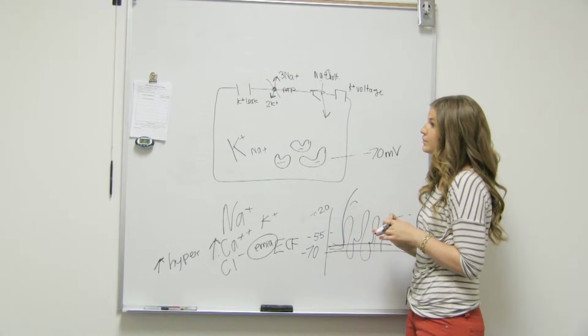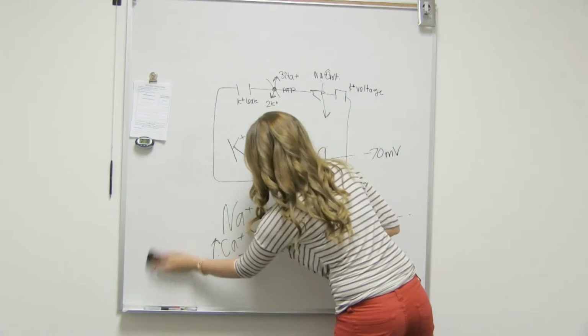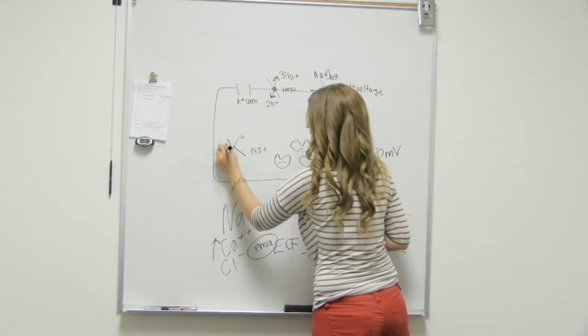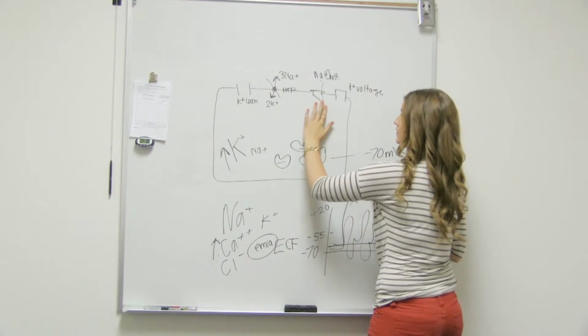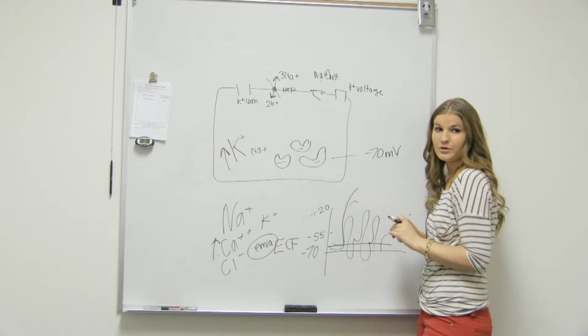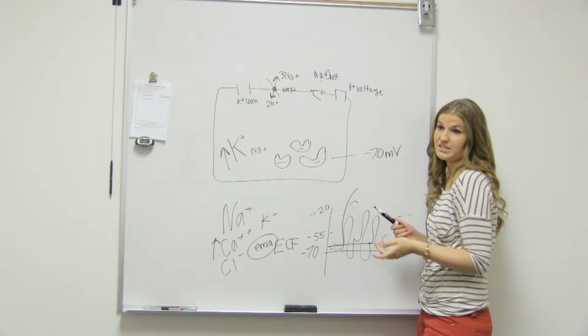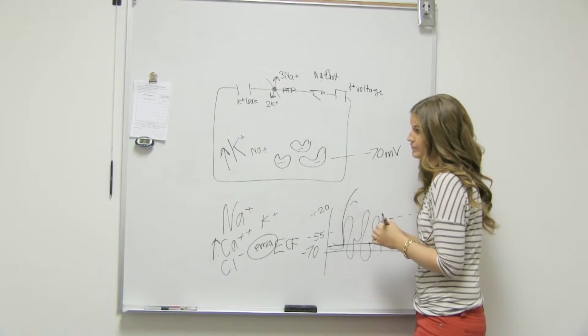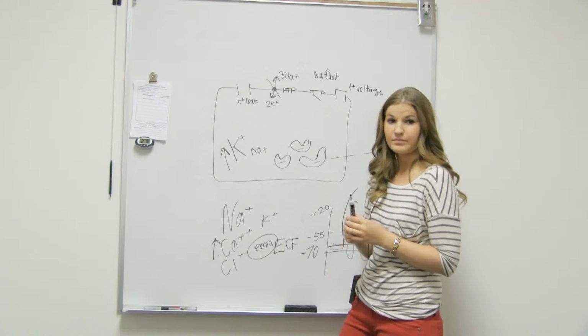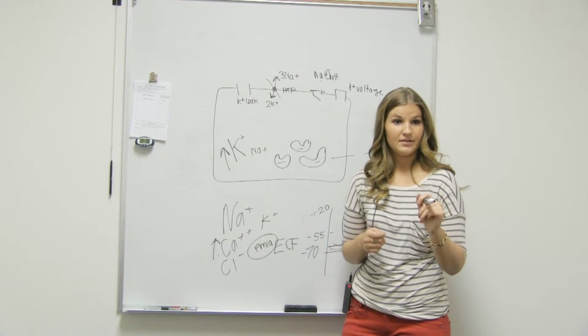Cool. What if I increase my K, or increase my potassium inside the cell? Is my cell more negative or more positive? Or in other words, am I depolarizing or hyperpolarizing? Be more positive? That's if I increase my Na.